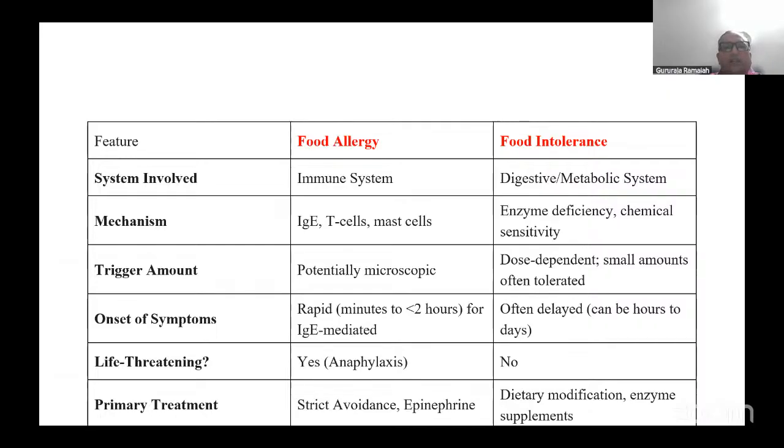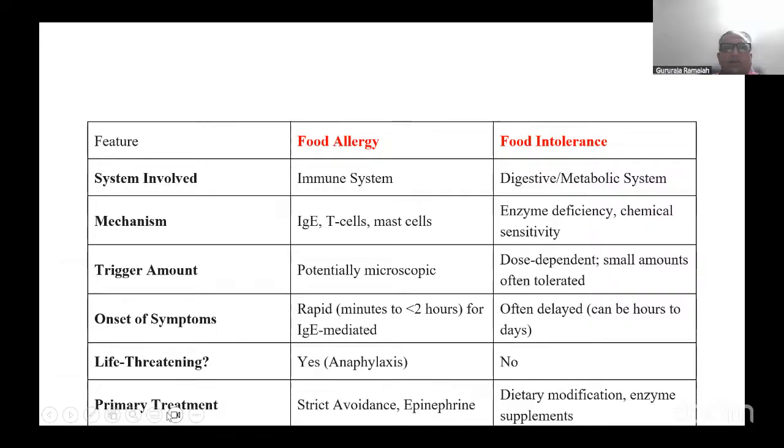In food allergies, the mechanism involves IgE and T cells, mast cells, whereas food intolerance is due to enzyme deficiency like lactase, and chemical sensitivity. The trigger amount is potentially microscopic in food allergy, whereas food intolerance is dose dependent. The onset of symptoms is rapid in food allergy; in IgE-mediated, it's less than 2 hours. Food intolerance is often delayed for hours to days.